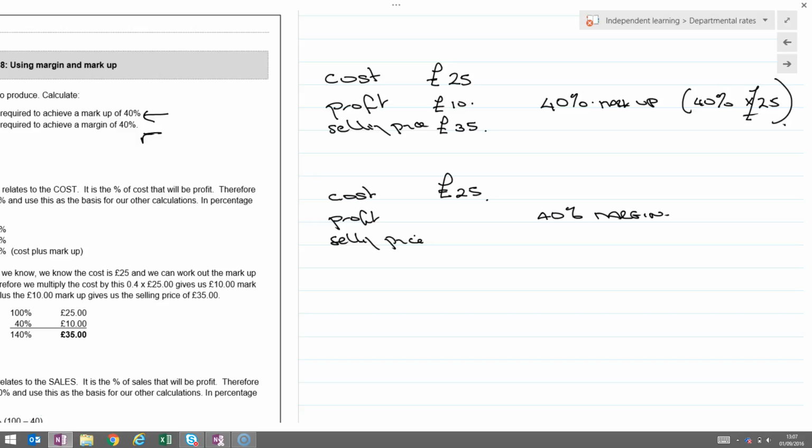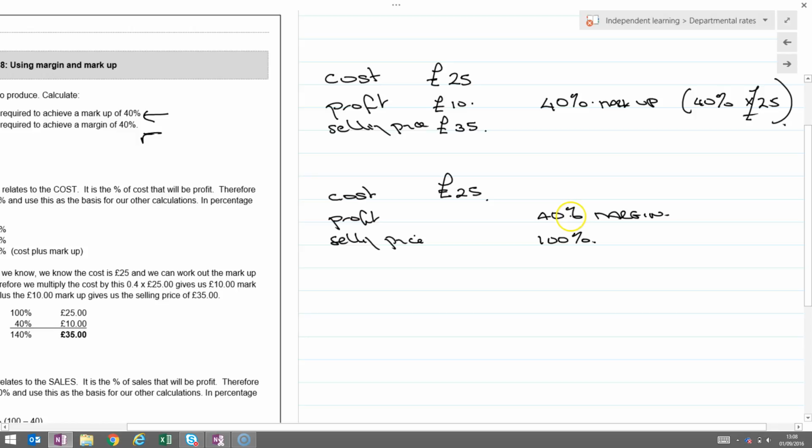So how can we do 40% of a figure we don't have? So what we do is we look at the percentages first. The profit is 40% of the selling price. In percentage terms, we consider the selling price to be 100%. So selling price is 100%.